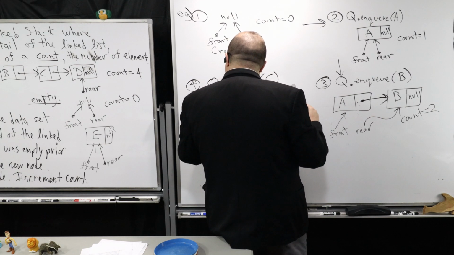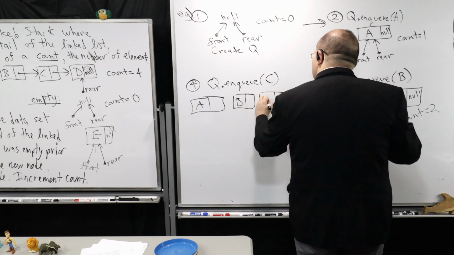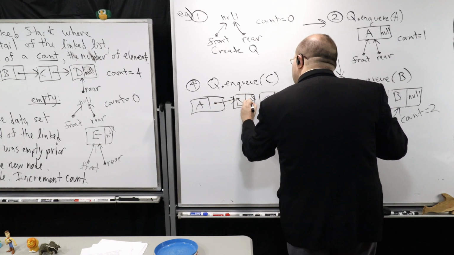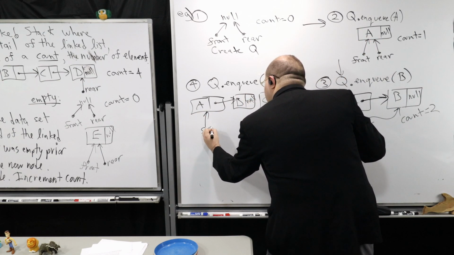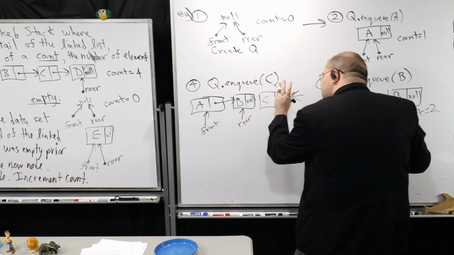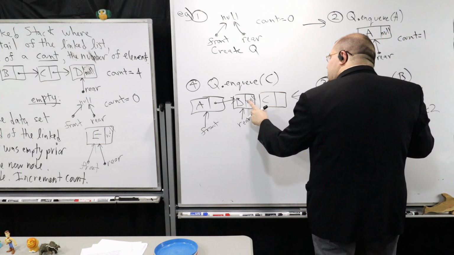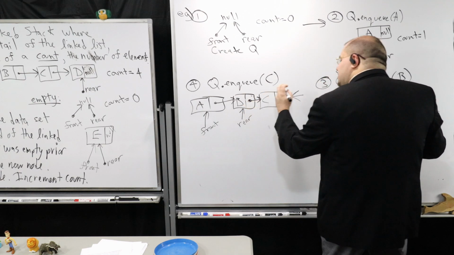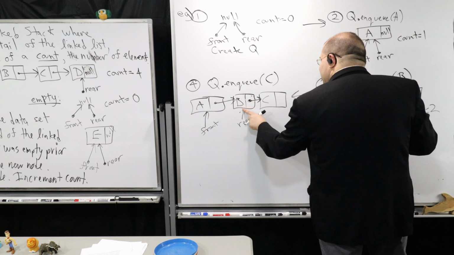So I have A, I have B, and I'm going to create a brand new node C. Remember, this is front right here. That currently is rear. So I create the new node. What I do is I assign the next attribute of what is currently the rear to be pointing at what I'm going to make the new rear. And then I'm going to update the rear.